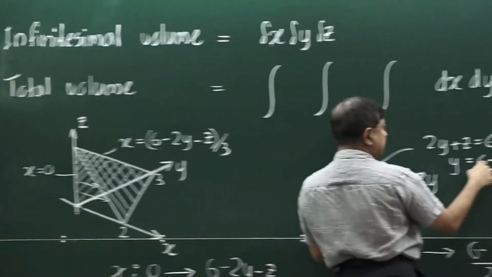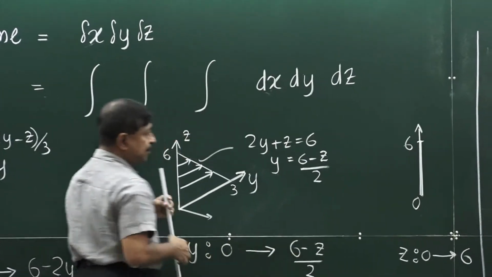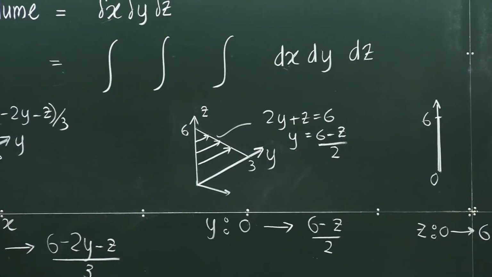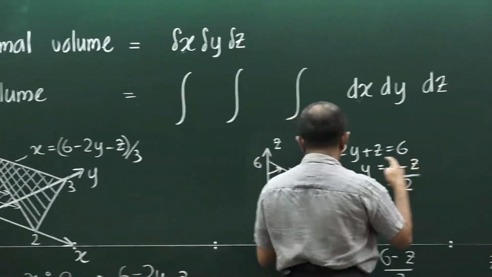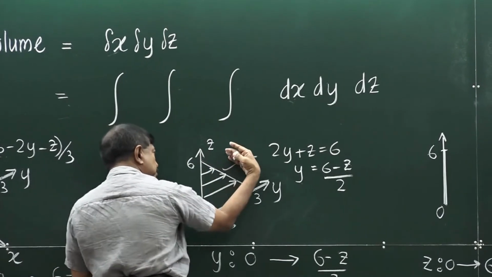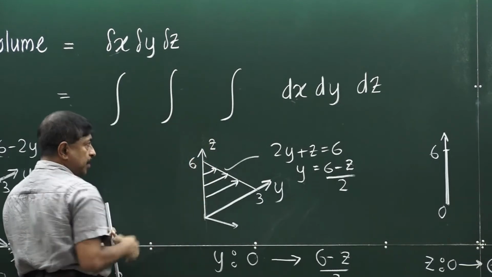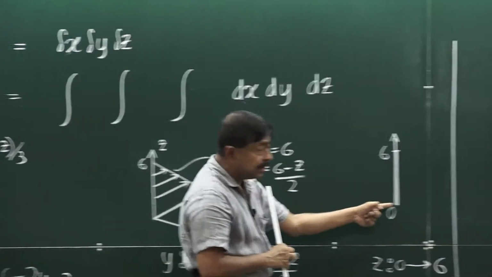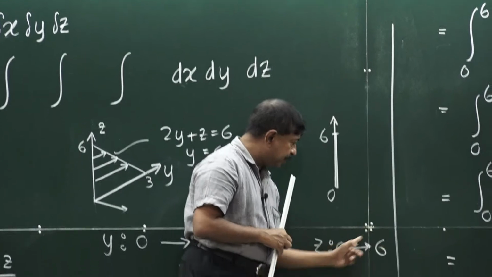So, y goes from 0 to this one. Now, when you consider the very last variable, in this case it is z, you project everything onto this axis. When you push all the material onto the z axis, you get this line segment between 0 and 6. Those are the limits of the last variable.